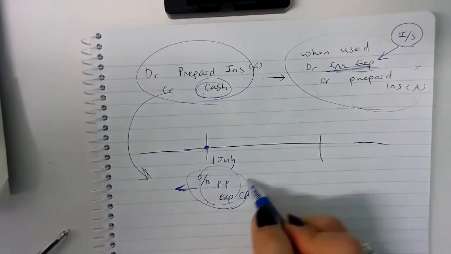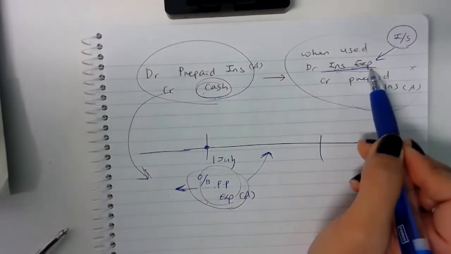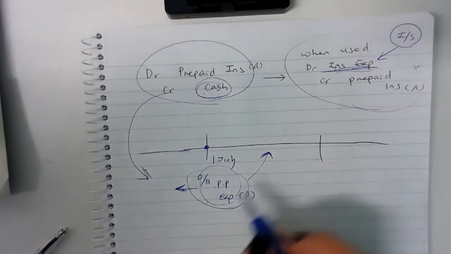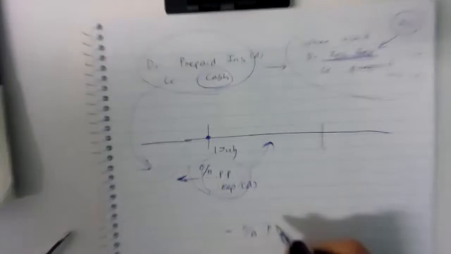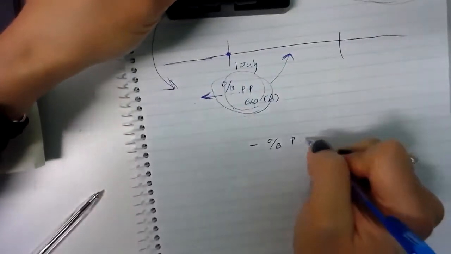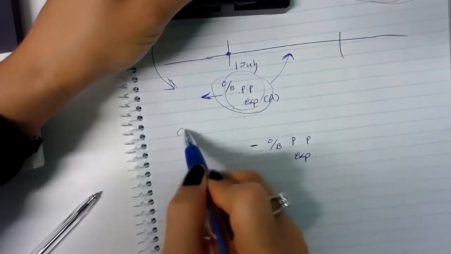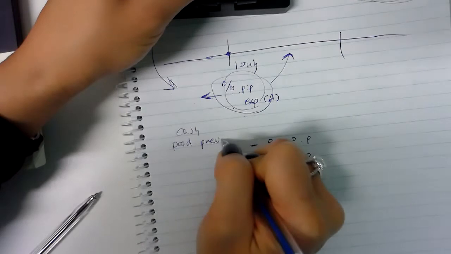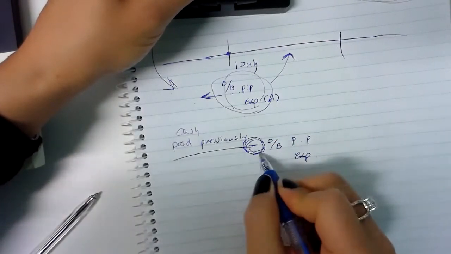When this is used in the current period, that's when they will recognize it as an expense. However, there is no cash. That's why we need to minus opening balance of prepaid expense, because opening balance represents the cash paid previously. That's why we need to take that away.